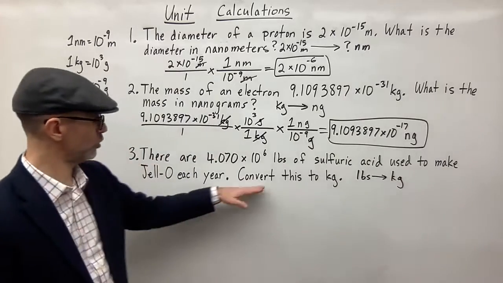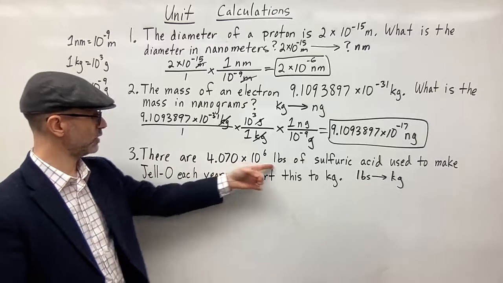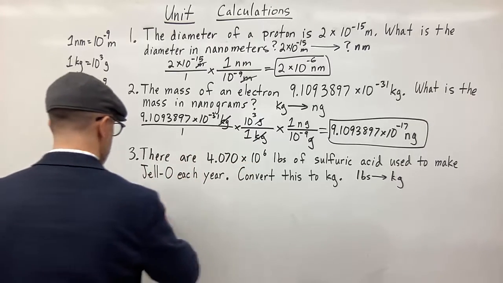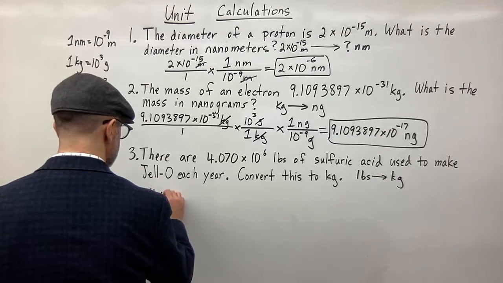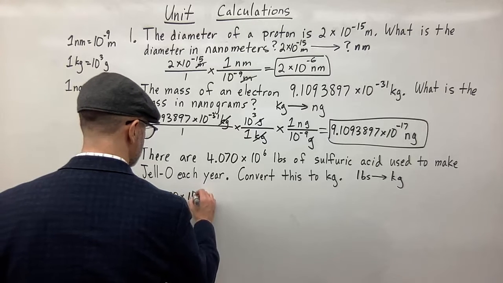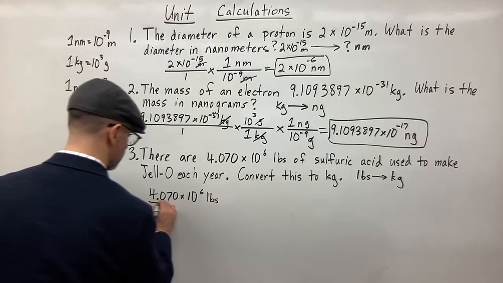That's what we're asked, to convert to kilograms. So we have to start with the pounds they give us. This is the only information they give us. So here, 4.070 times 10 to the 6 pounds.